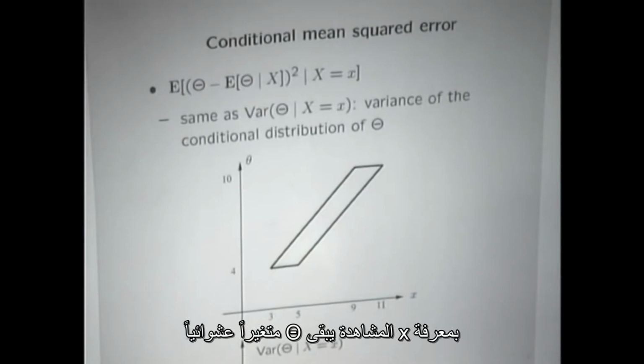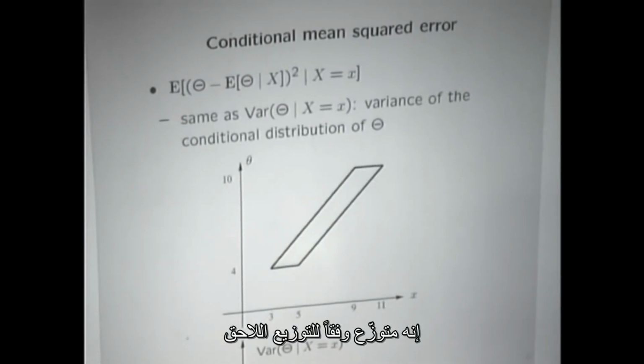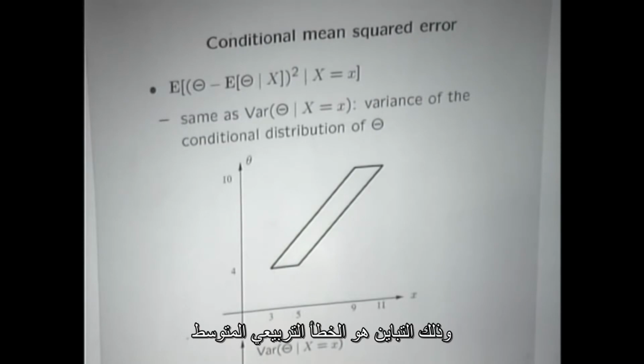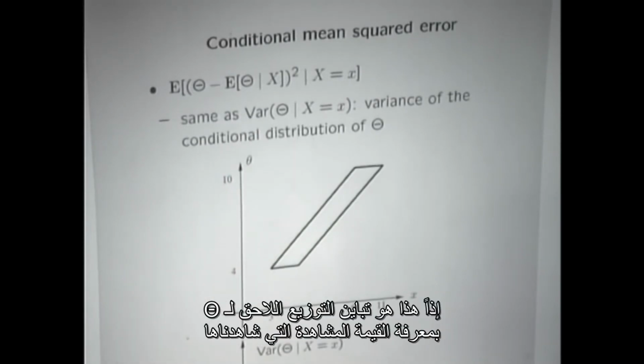Having observed x, theta is still a random variable. It's distributed according to the posterior distribution. Since it's a random variable, it has a variance, and that variance is our mean squared error. So this is the variance of the posterior distribution of theta given the observation that we have made.